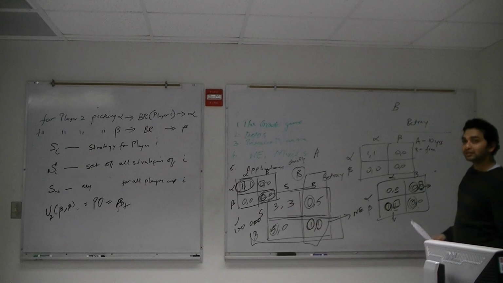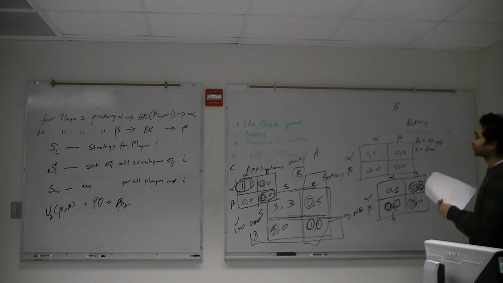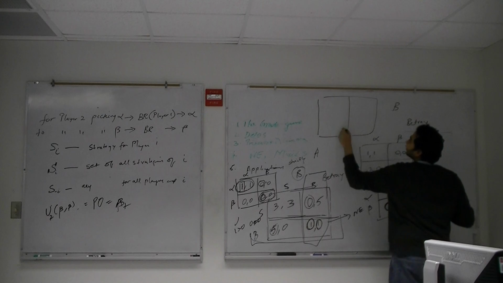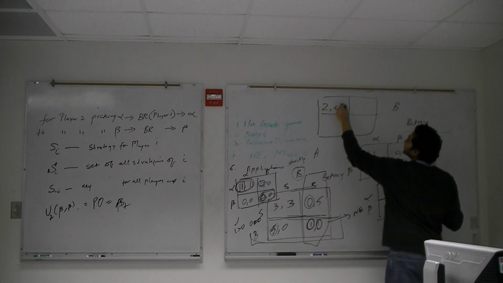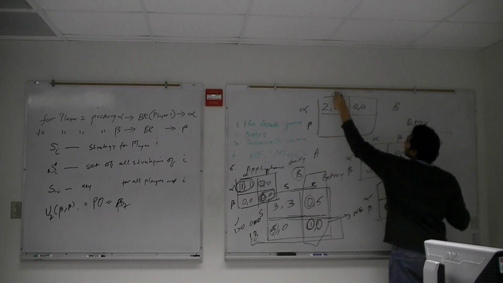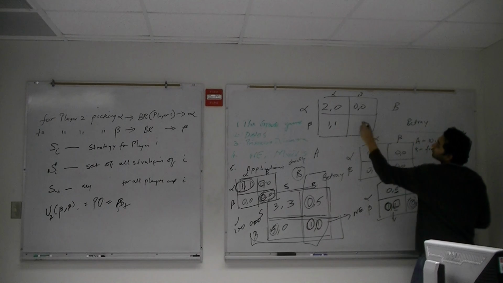Another question. If we have 2 0, 0 0, 1 1, 0 2, what happens? Another game. Okay. 2 0, 0 0, 1 1, 0 2.